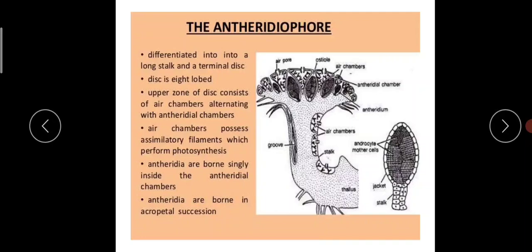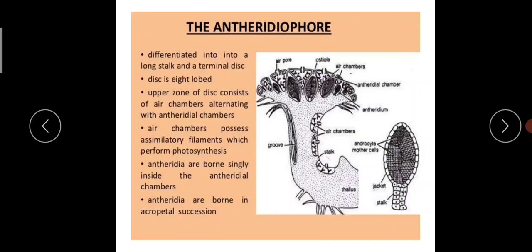Gametophores are nothing but stalked receptacles on which the sex organs are borne.